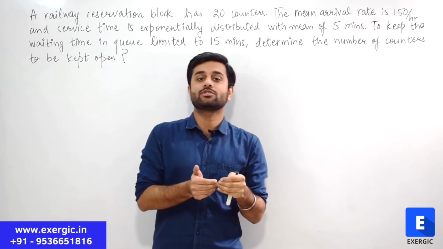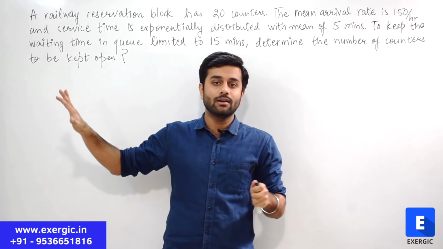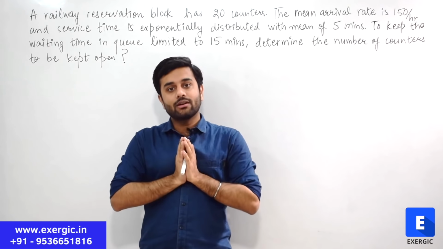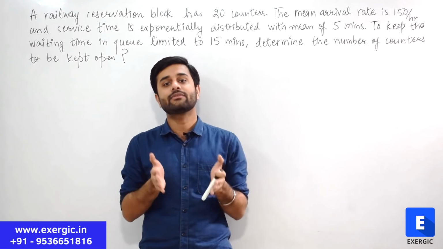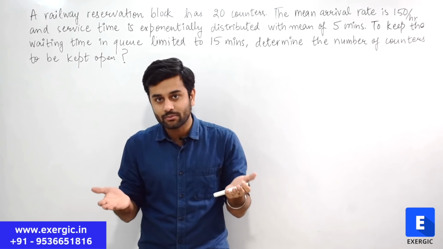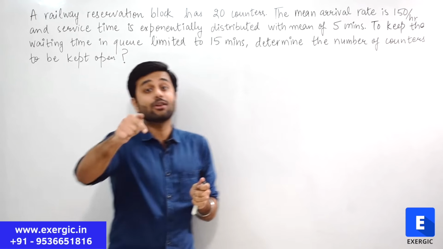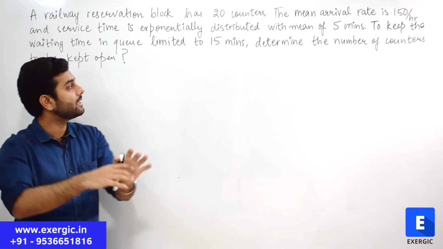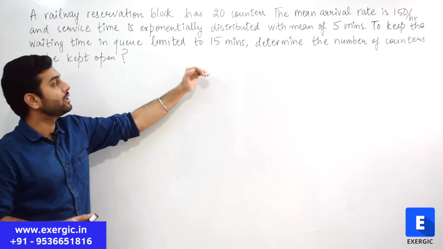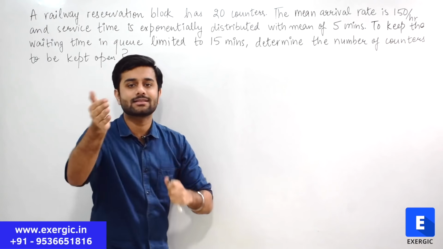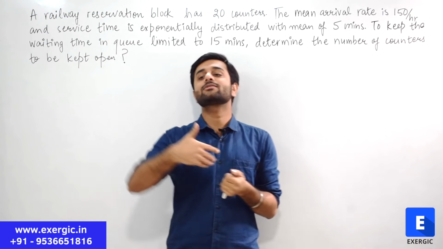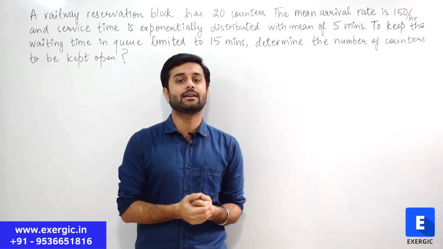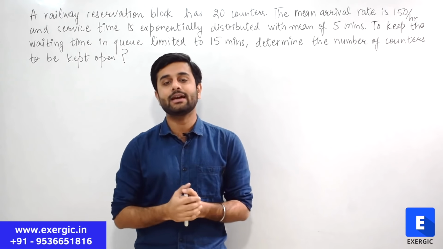Yes, it may be possible that when there is no arrival, the people at the server are sitting idle. The server is idle, which is fine, because when the server is idle, theoretically you can say that the waiting time in queue is less than 15 minutes, right? Because there is no queue. So automatically this condition is not going to be applied there.